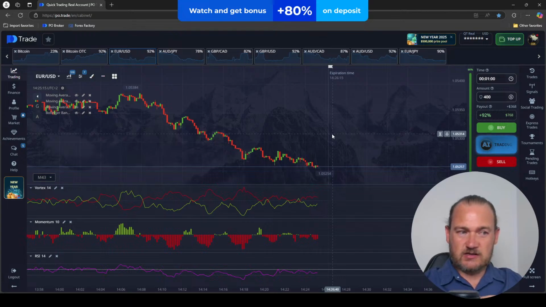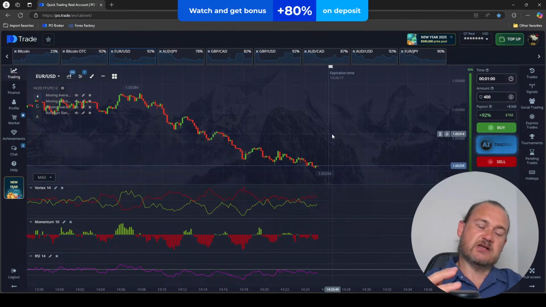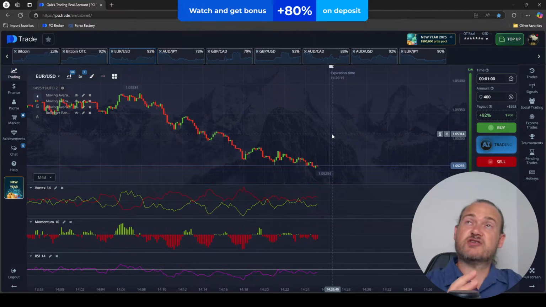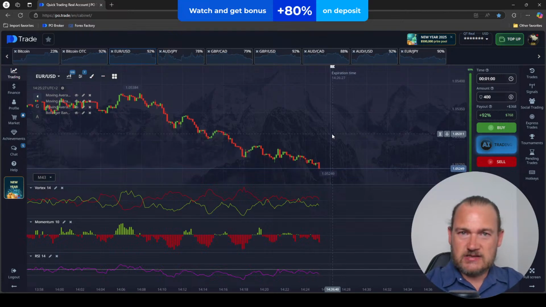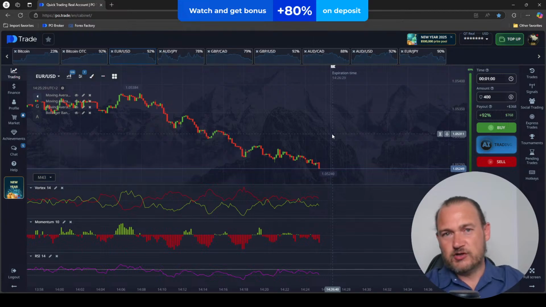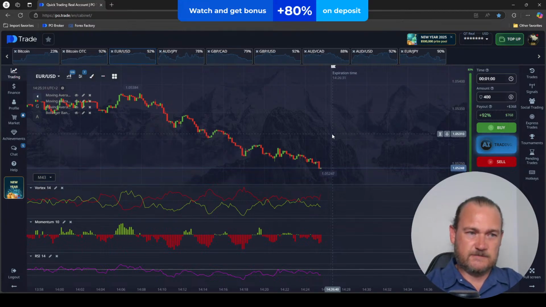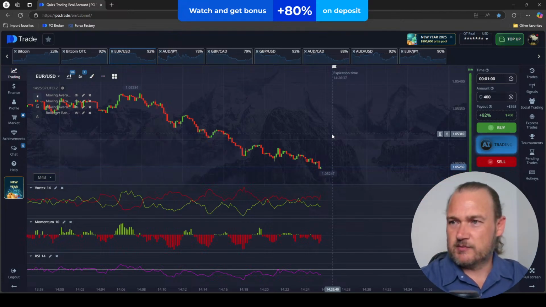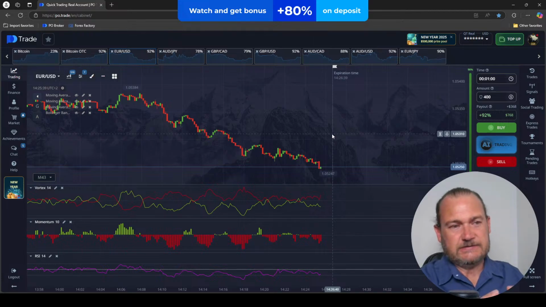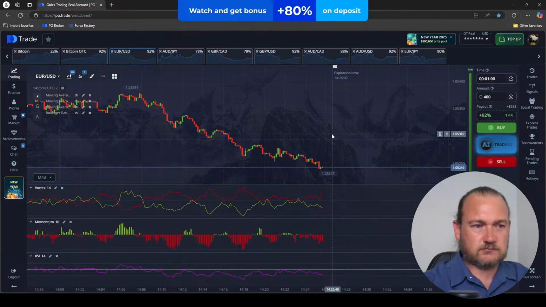But if we use the crosses in conjunction with momentum, if we have bearish momentum, we're not going to take buys. If we have bullish momentum, we're not going to take sells. Not if you're using a trend strategy. Okay, so I hope that makes sense. I hope I'm explaining this clearly enough.